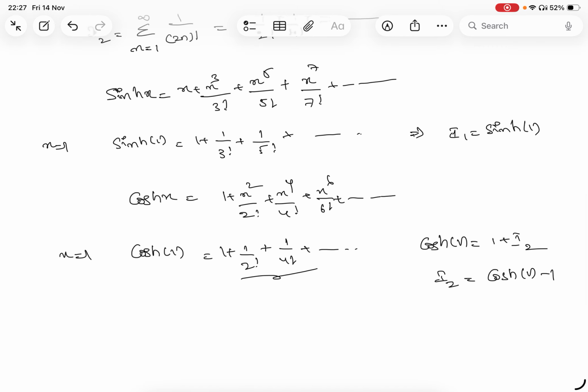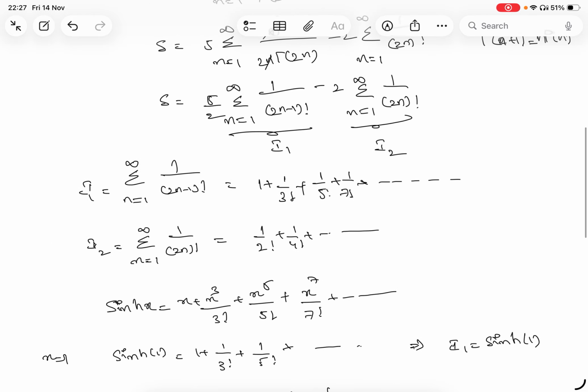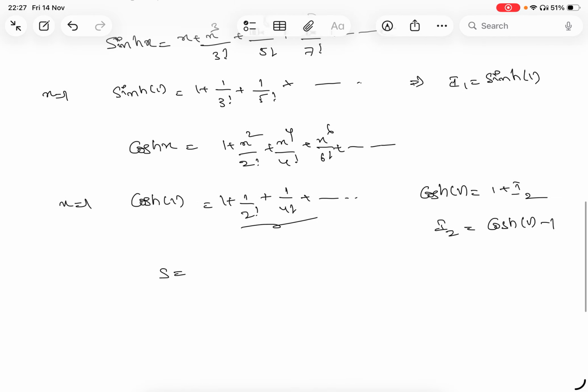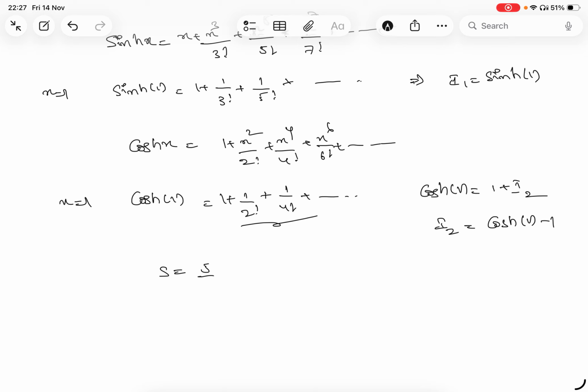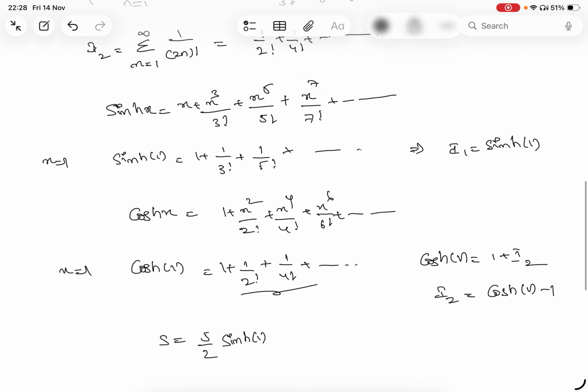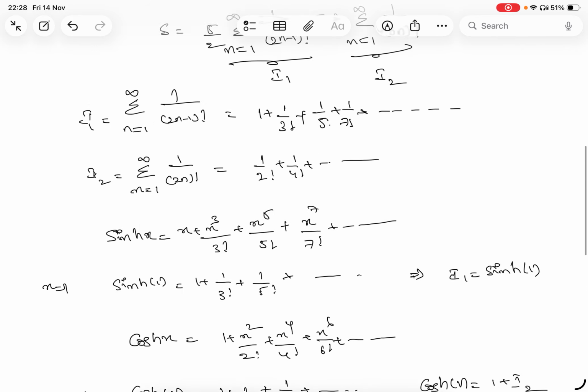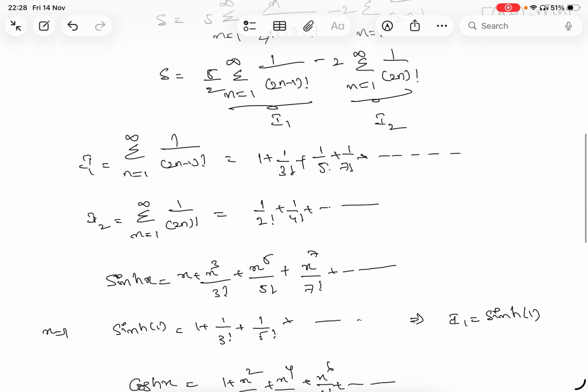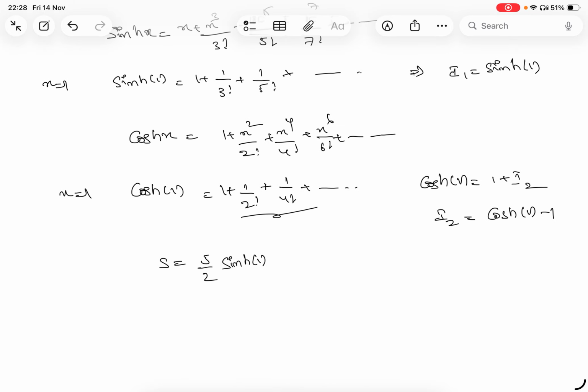Now finally, S is 5 by 2 into I1 minus 2 into I2. I1 is sinh of 1, fine. Then the I2 part is minus 2 into I2, where I2 is cosh of 1 minus 1.